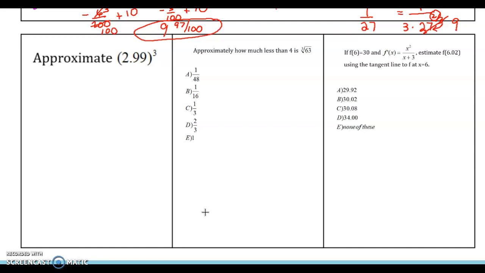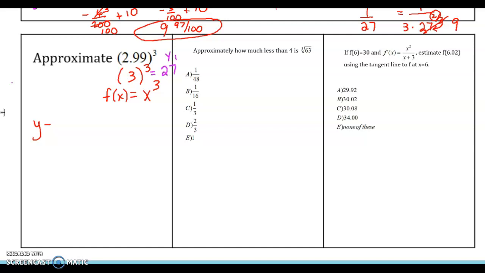Okay, so we're going to approximate, and I don't know why I picked all of these to be less. This could have been 3.01. It doesn't make it any harder. So that is kind of like 3 cubed. So f of x equals x cubed. That's our function. So y minus y1, I like to label these just for myself, honestly. 3 cubed is 27.